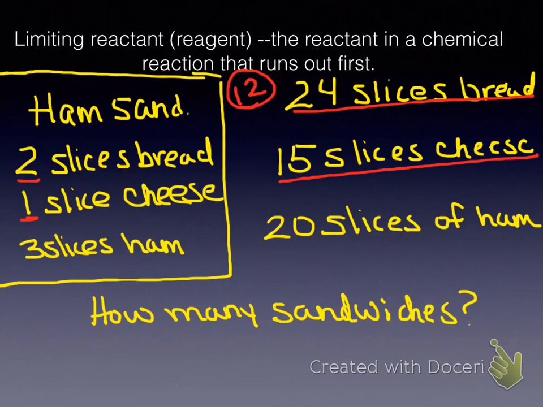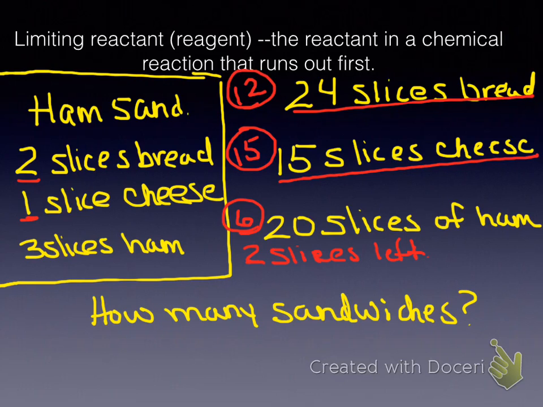Each sandwich takes 1 slice. So out of my cheese, I could make 15 sandwiches. And I have 20 slices of ham. Each sandwich takes 3 slices of ham. So that means I can make 6 sandwiches out of my ham, and I would have 2 slices of ham left over.